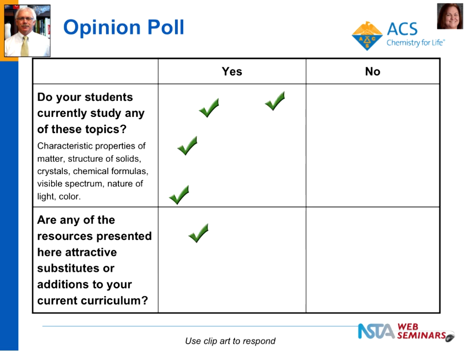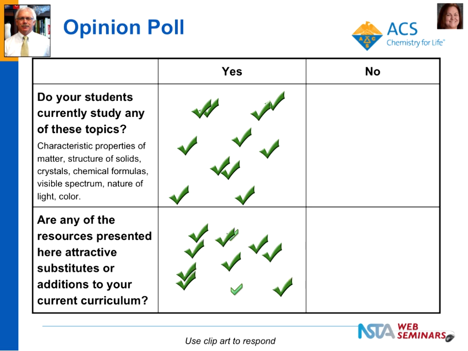We talked about the physical spectrum and how that can interact with matter, and a bit about the nature of light and color. So are these things that you study, and are any of these resources helpful as substitutes or additions to your current curriculum?